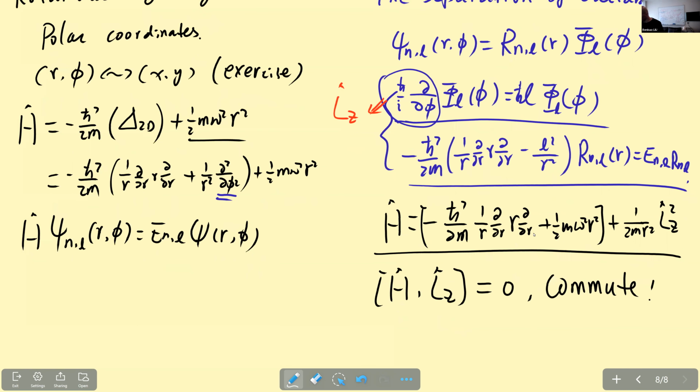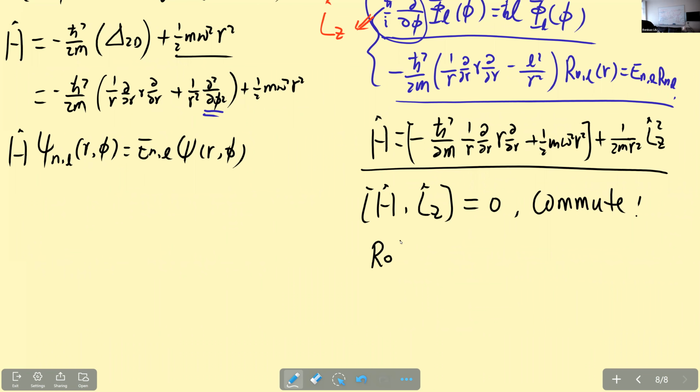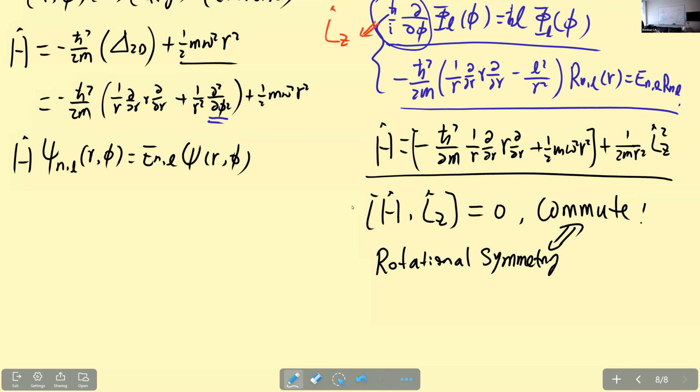It's actually because of the rotational symmetry and this commutation. These two are related to each other. We're going to have more to say about these things, but at this point I just want you to notice this for the 2D harmonic oscillator.